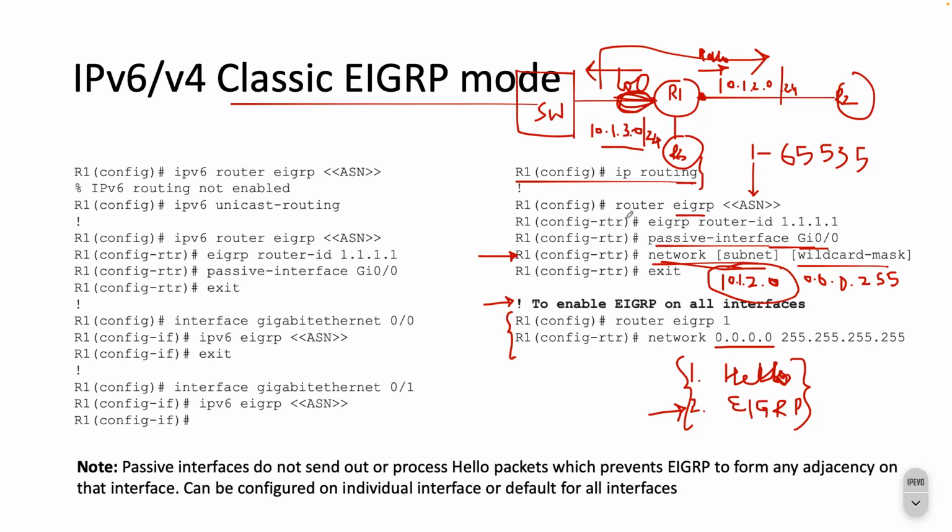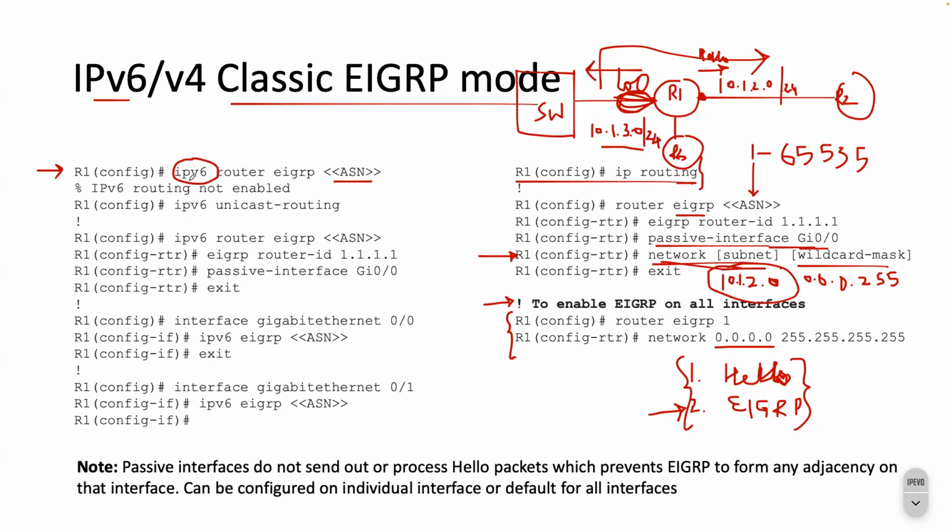Now, this was the configuration for your IPv4. Now let's try to understand your IPv6 configuration. In IPv6, the command is ipv6 router eigrp and then the ASN. This is an additional keyword in comparison to your IPv4 world.